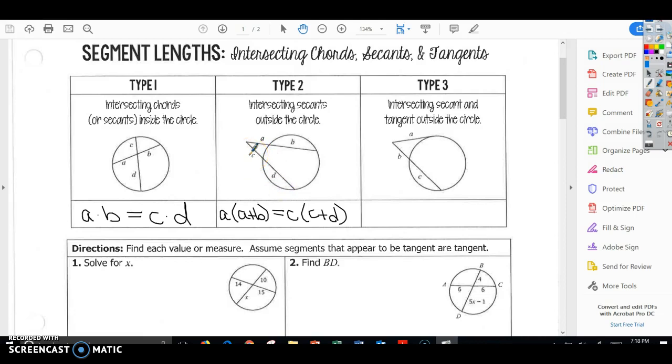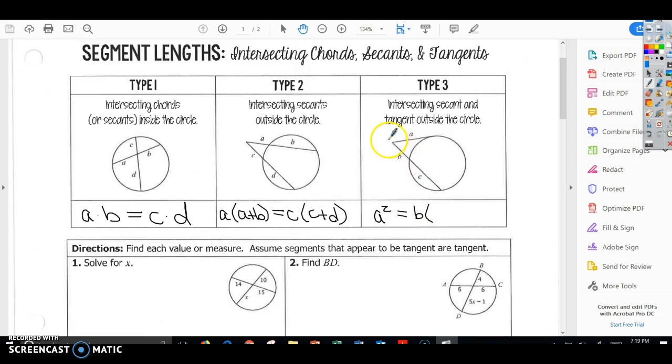Alright, type 3, the third formula, intersecting secant and tangent outside the circle. This formula is going to be A squared. So it's the tangent on the outside of the circle, so you're going to have that squared. Is going to be equal to, and this second part is similar to this formula here, B times (B plus C).